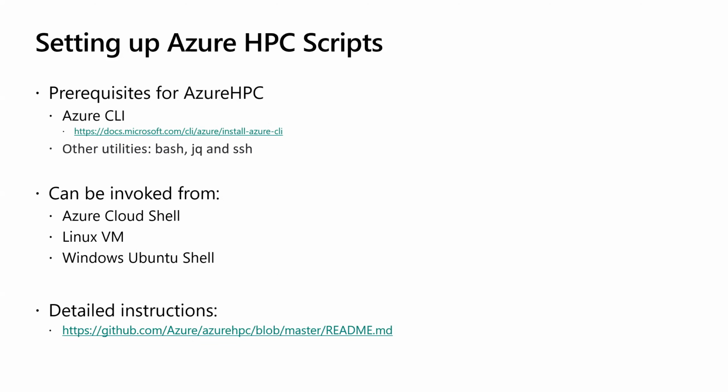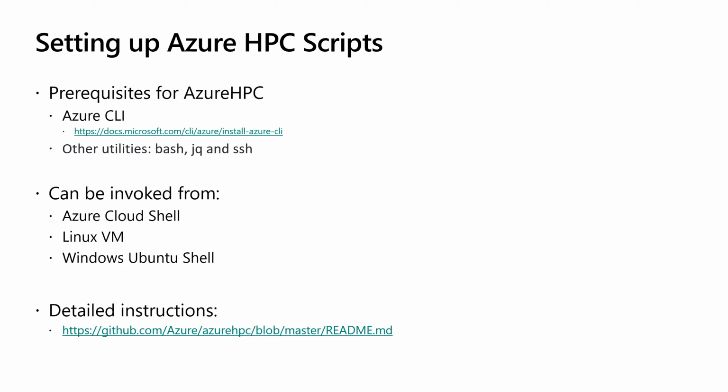So, setting up Azure HPC scripts. First of all, the prerequisite is you install the Azure command line interface, the CLI, and that will help install the other things. So you need to use Bash, jq, and SSH. If you want to just have a setup environment for you, we offer what they call the Azure Cloud Shell.